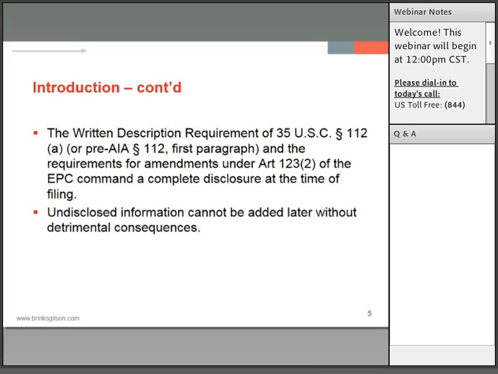In Europe, the written description requirement is under Article 123(2) of the European Patent Convention, which deals with amendments. Because you can't later on add substance without at least losing your priority date, it's so important to have your application complete.